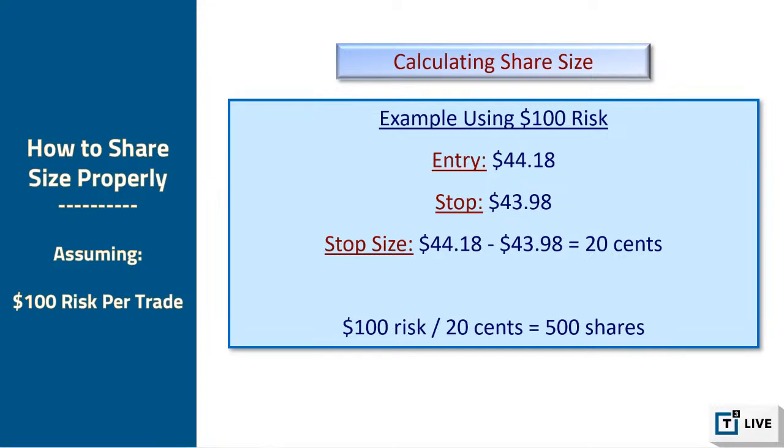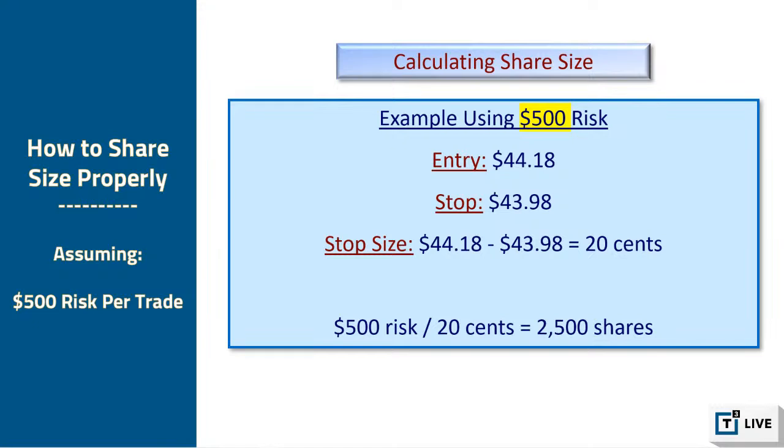Then take that amount, which should be the same on almost every trade, and divide it by the stop size, which is the difference between the entry price minus the stop price. So $100 risk divided by 20 cents gives you 500 shares.